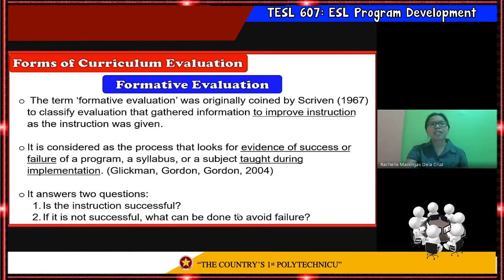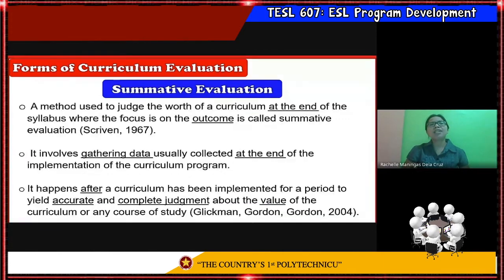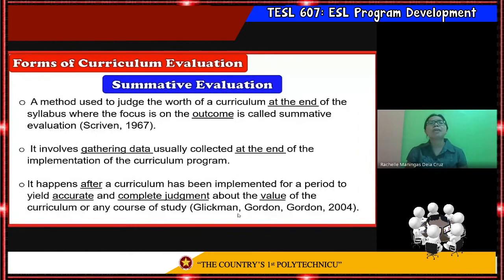Next is the summative evaluation. So summative evaluation is a method used to judge the worth of a curriculum at the end of the syllabus, where the focus is on the outcome. That's according to Scriven, 1967. So it is a form of evaluation used at the end of the implementation of the program.